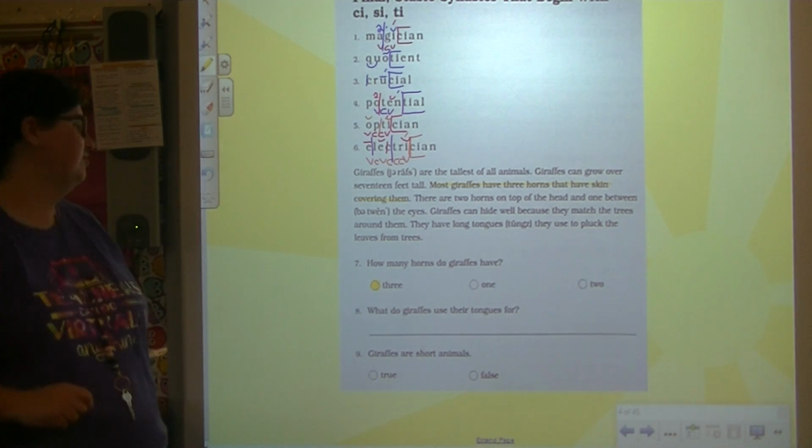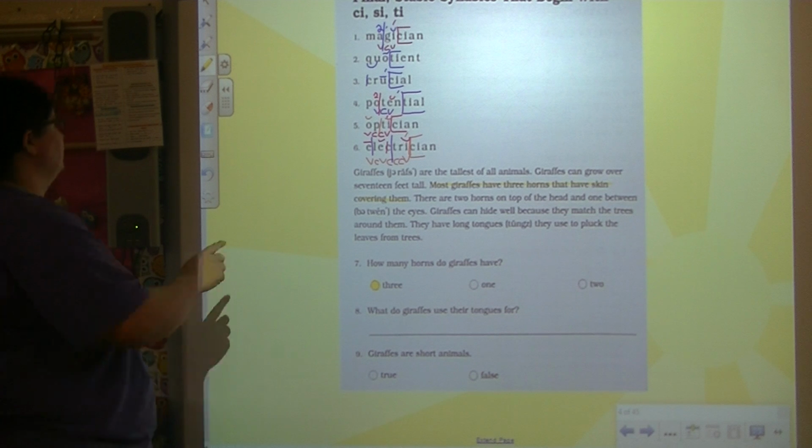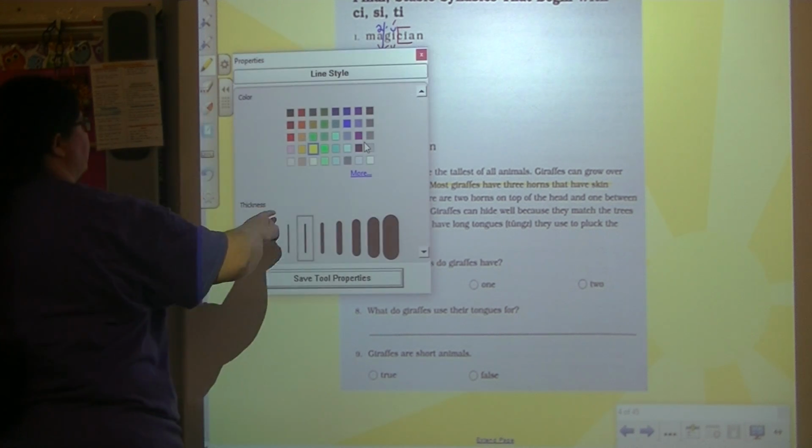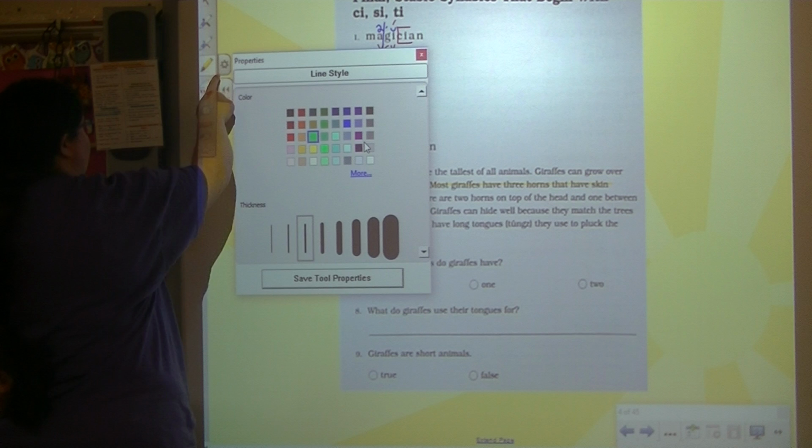Number 8, what do giraffes use their tongues for? Find it and write your answer.